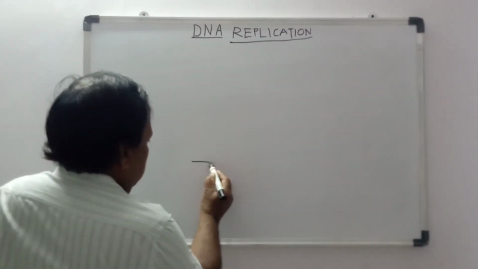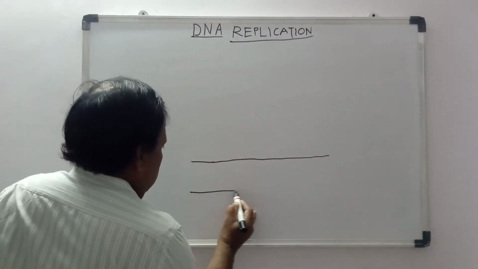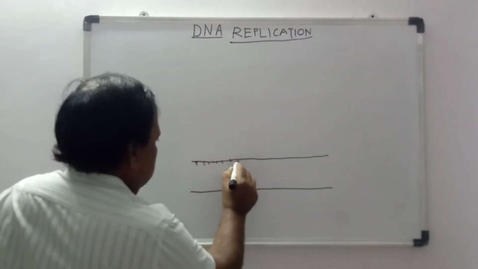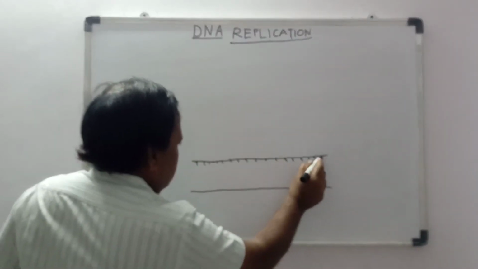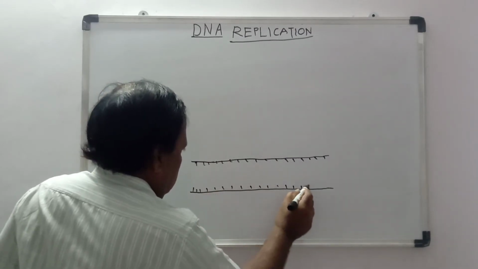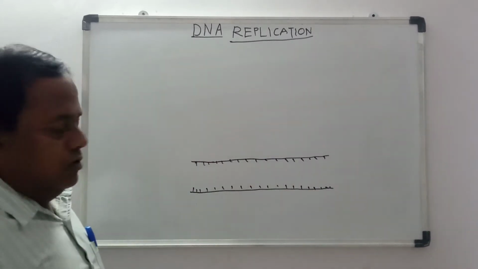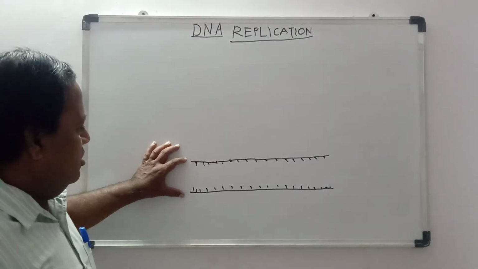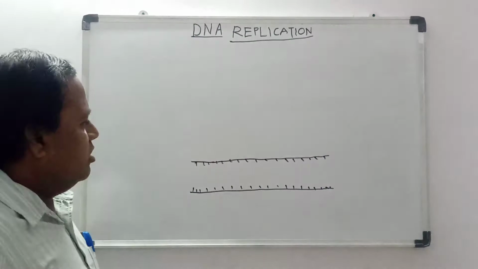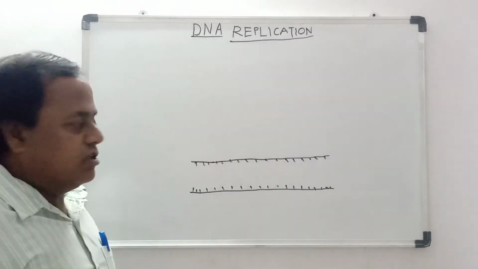Now suppose this is another DNA strand. These are nucleotides. This is a DNA strand. To start the process of replication, it is important first of all to find the origin of replication.